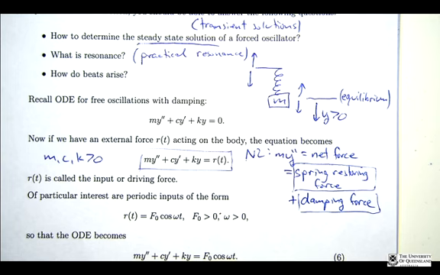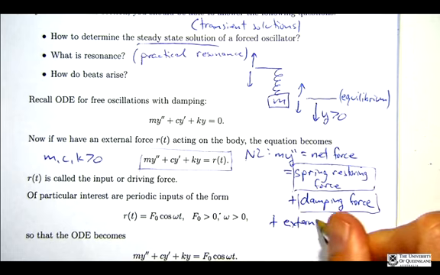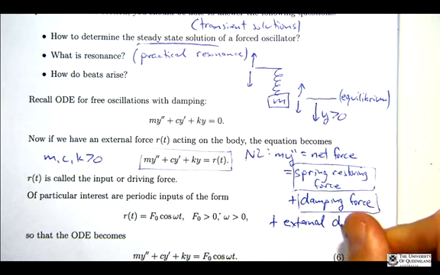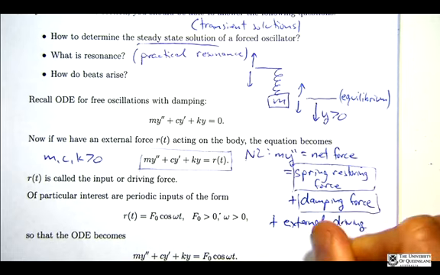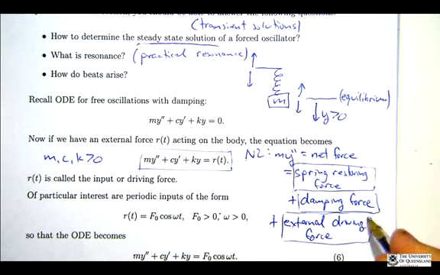If it's travelling in air, water, or honey, you can imagine this will all give rise to a different kind of damping force. And finally, we're assuming an external driving force, and that's due to the mechanical oscillator that we're attaching to the system.